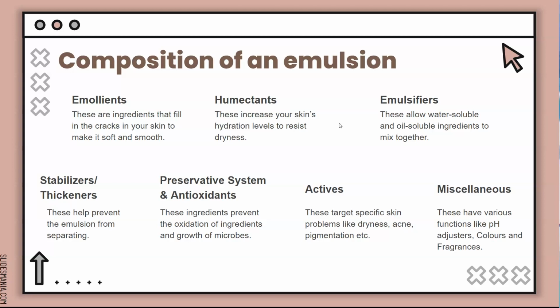And then we have your actives. These actives help your skin's natural processes to target specific skin problems like acne, pigmentation, dryness, and aging. And then the final group includes miscellaneous ingredients like pH adjusters, colors, and fragrances.